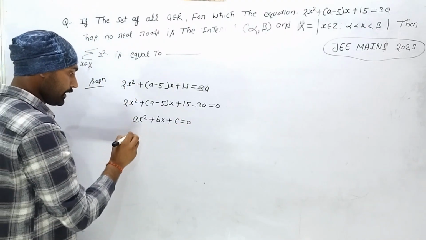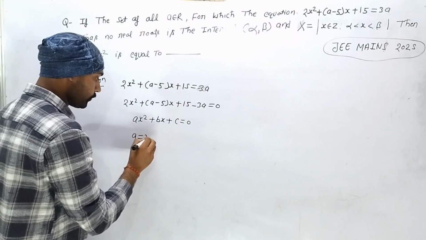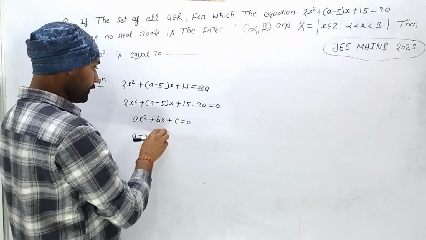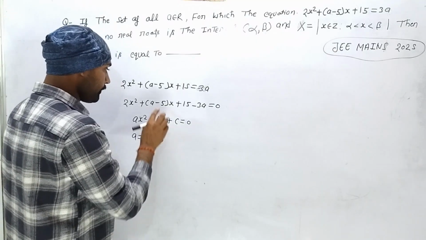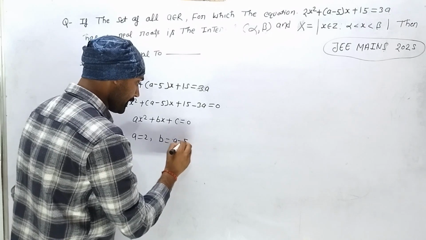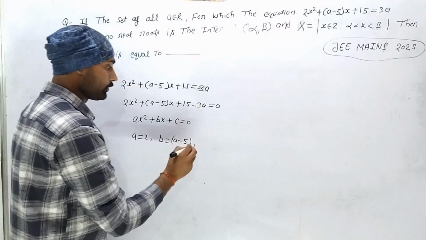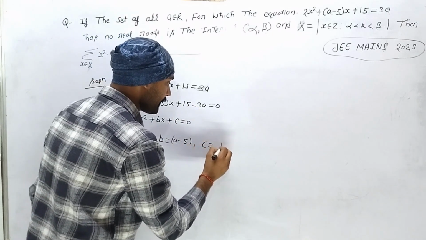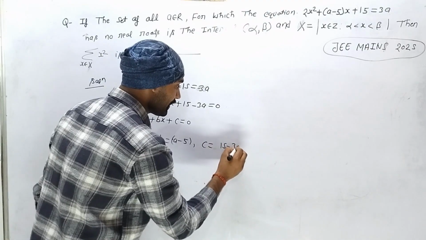Here a equal to 2, b equal to a minus 5, and c equal to 15 minus 3a.